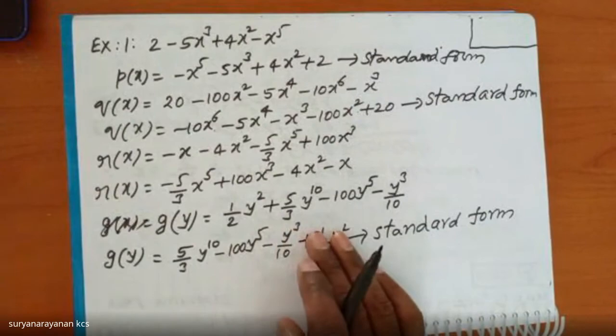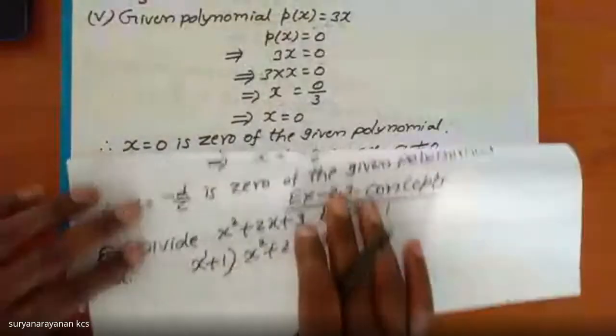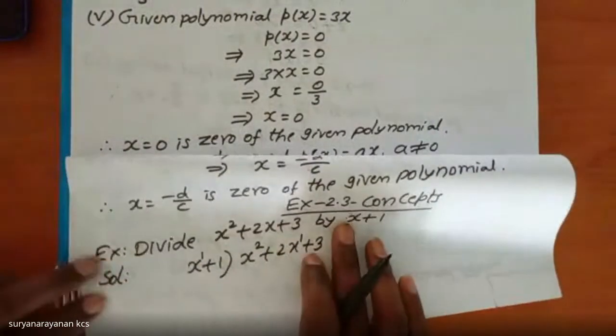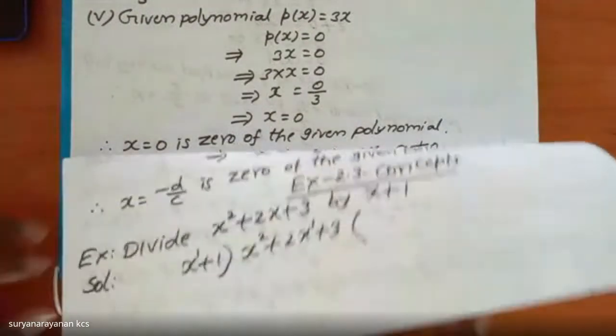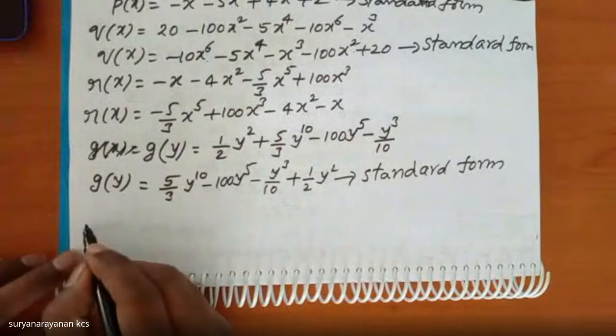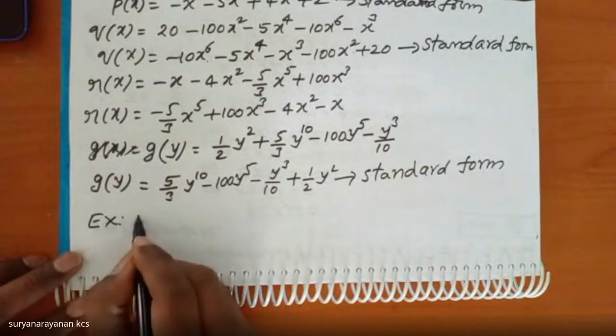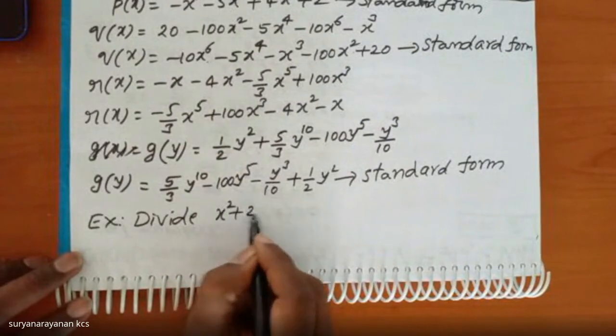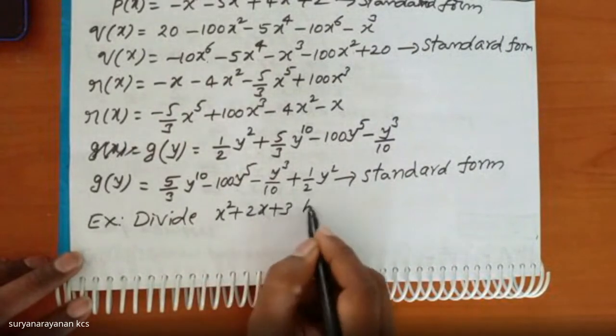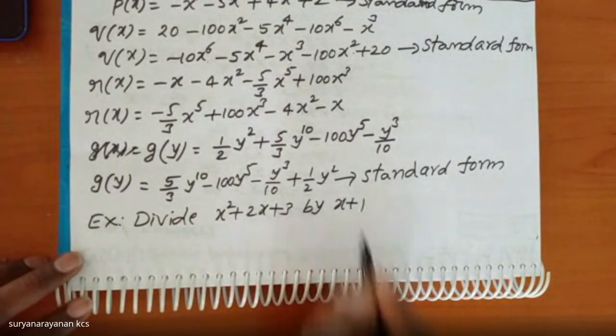After that, come to this division. We are dividing this polynomial x square plus 2x plus 3 by x plus 1. Now let us take this example. Divide x square plus 2x plus 3 by x plus 1.